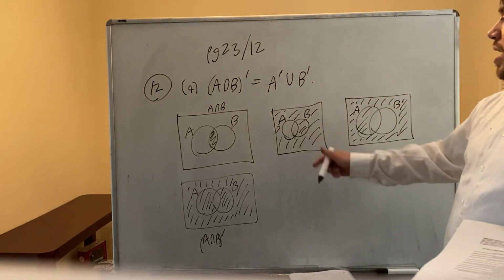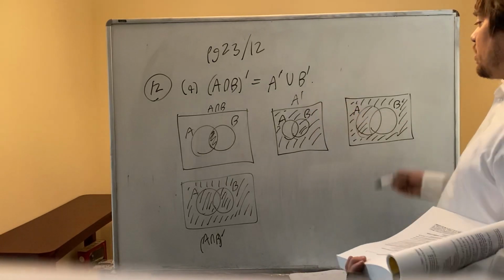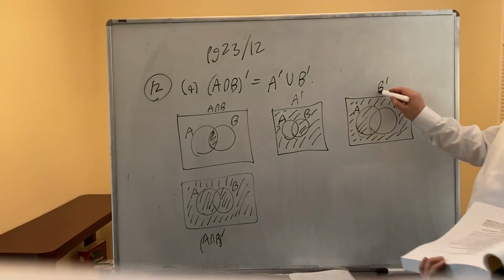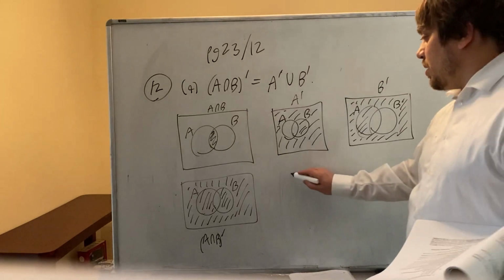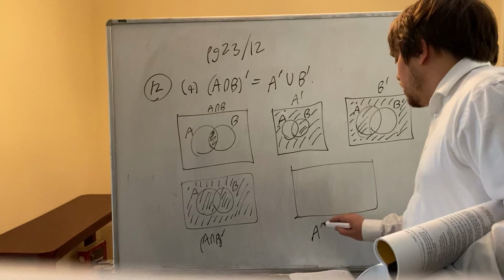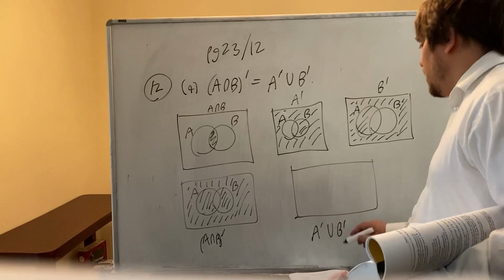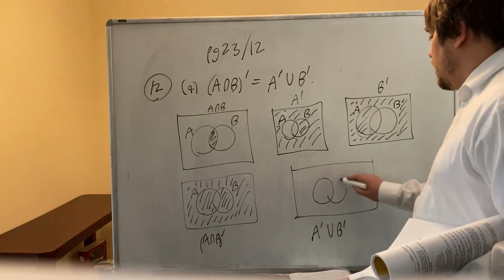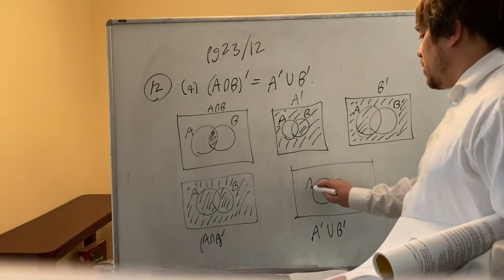And so the Venn diagram for A complement union B complement is just shading in anything that's shaded in either this picture or that picture.